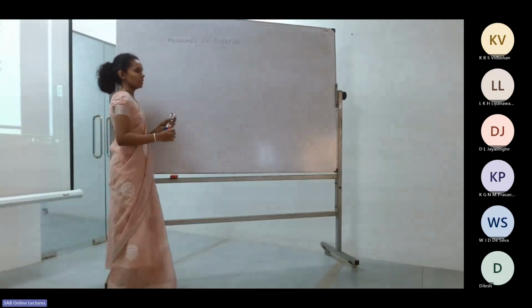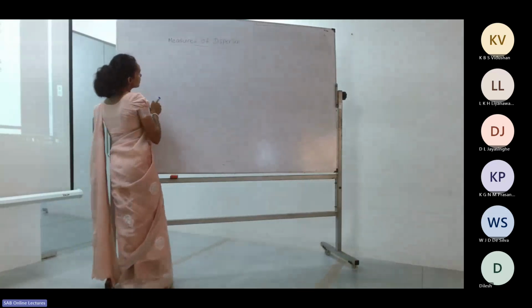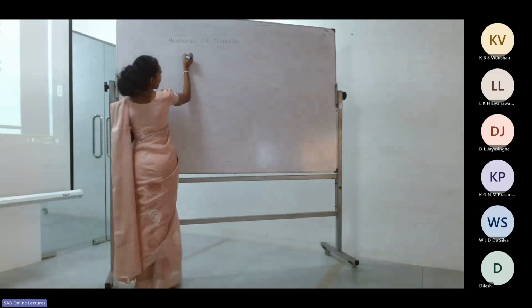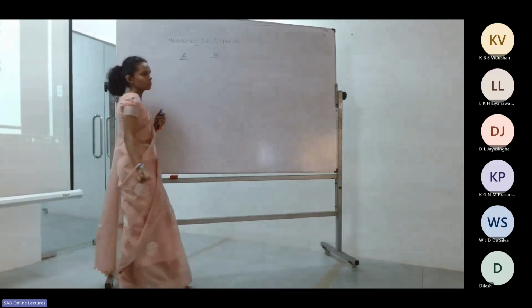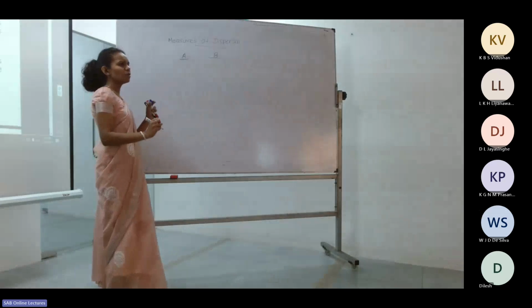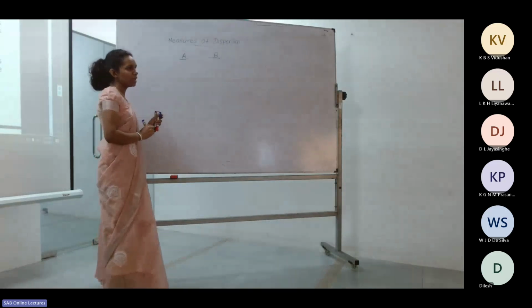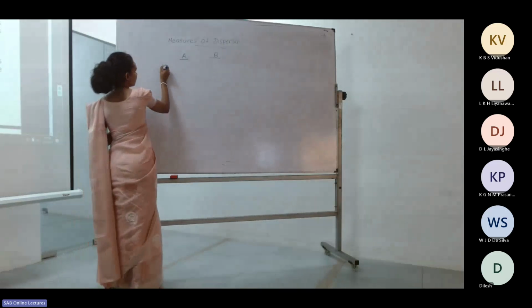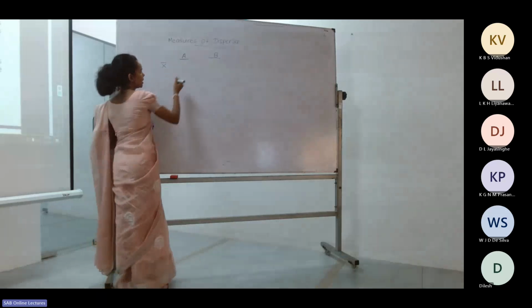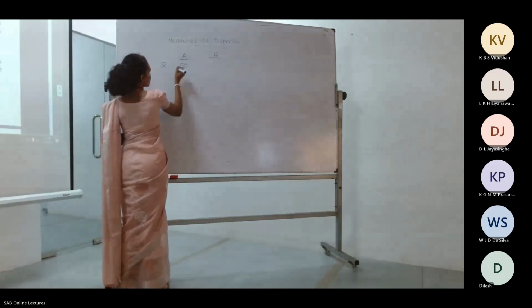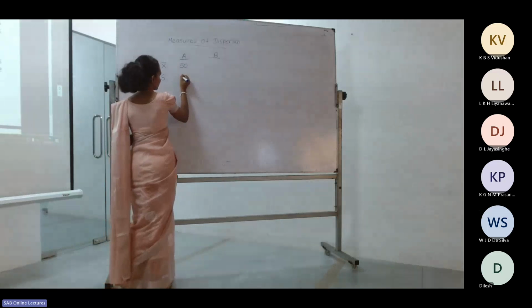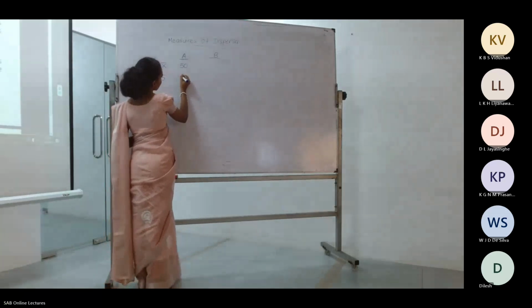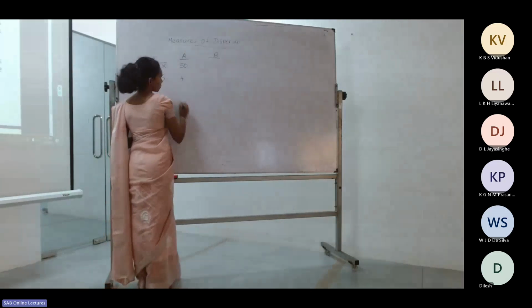Again, we take an example. There are two groups, A and B. We have two classes. The average value of class A is 50, and the standard deviation is 4.